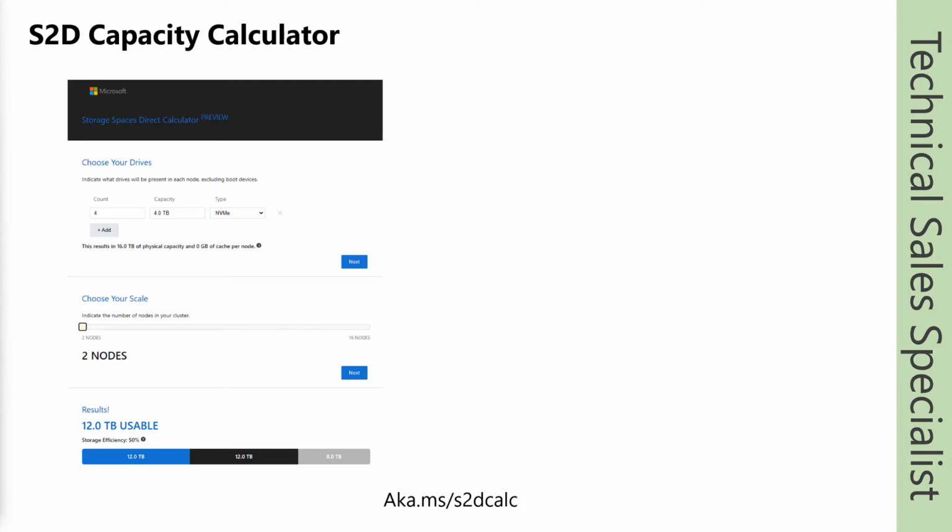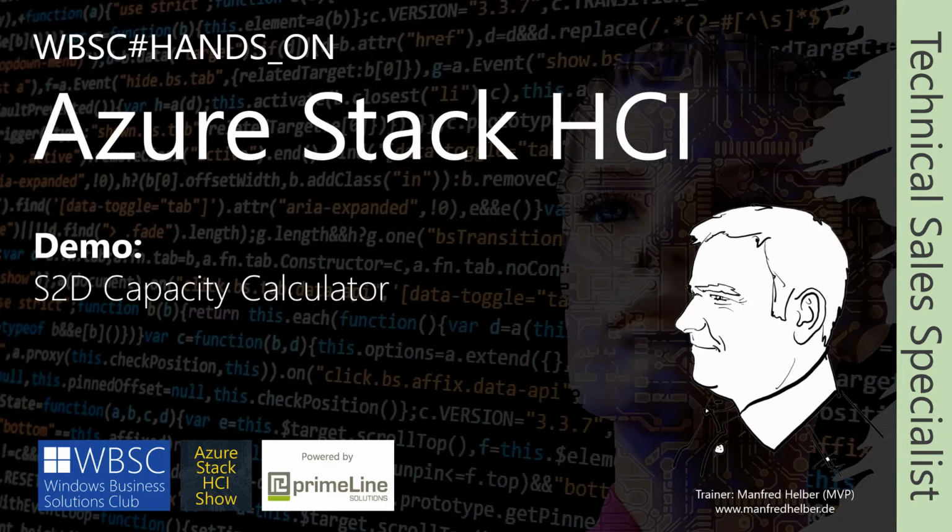This calculator is provided by Cosmos Darwin, who is a principal program manager at the Azure Stack HCI team or the Azure Group at Microsoft. You can reach this calculator via aka.ms/s2dcalc. And we also want to have a look at this calculator.